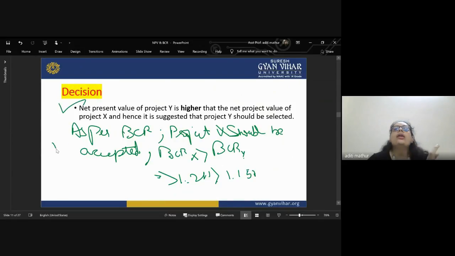So this is the contradictory thing, right? As per the NPV, select Y, but as per BCR, it is suggested to go with project X, right?